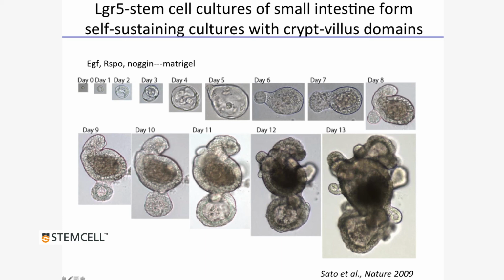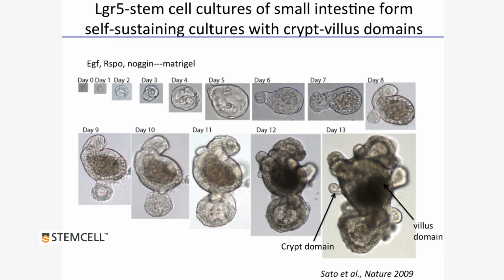Thanks to the growth factors that we give in the medium, this epithelium self-organizes to generate structures where we can see a crypt domain surrounding a central villus domain. The most interesting thing about this system is that it maintains the stem cell properties.